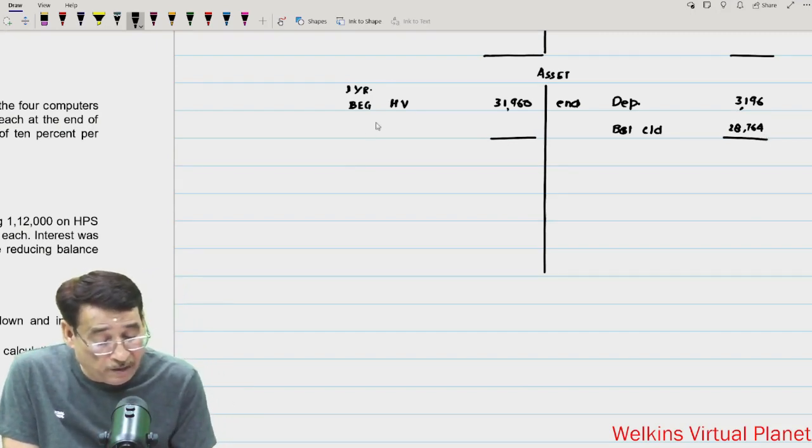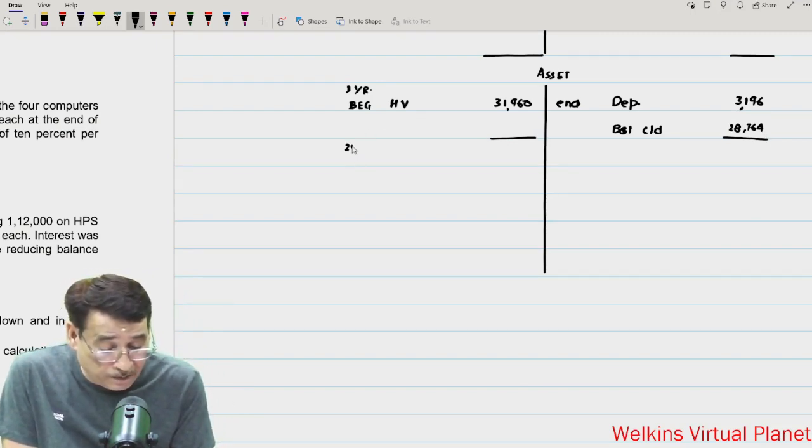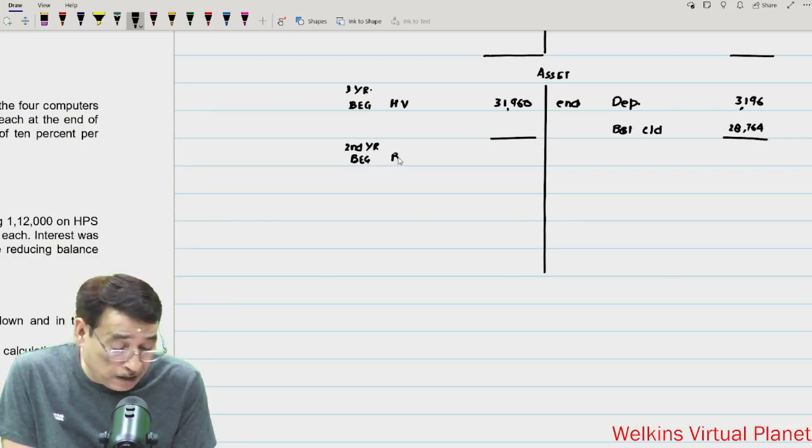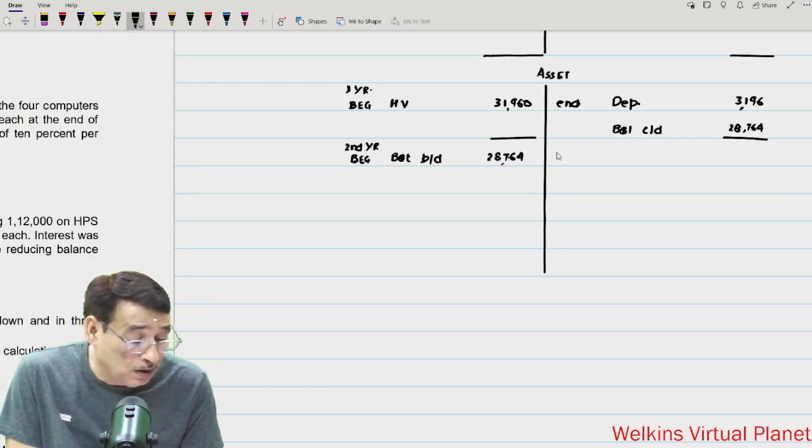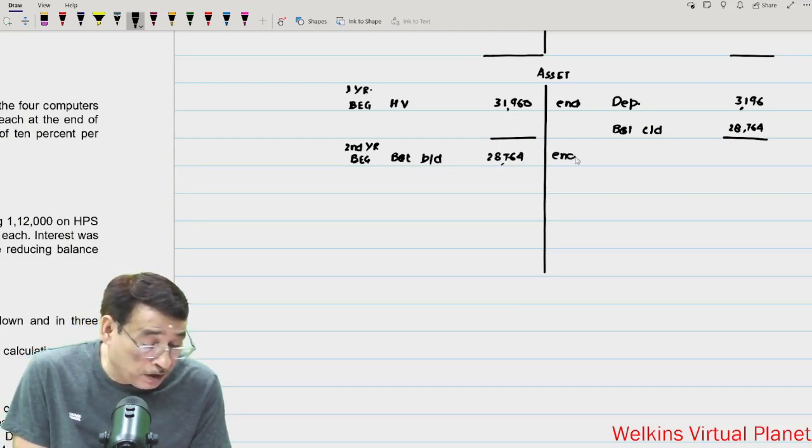Then similarly, second year, beginning, you will write balance brought down. Balance brought down is 28,764. Then you will reach the end of the year.